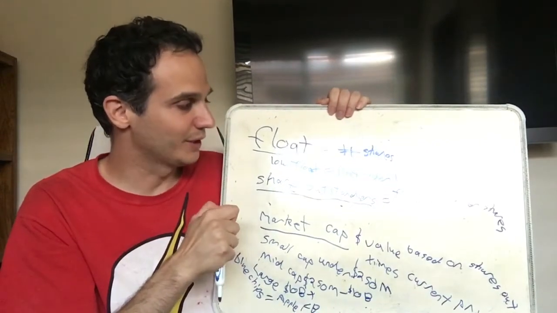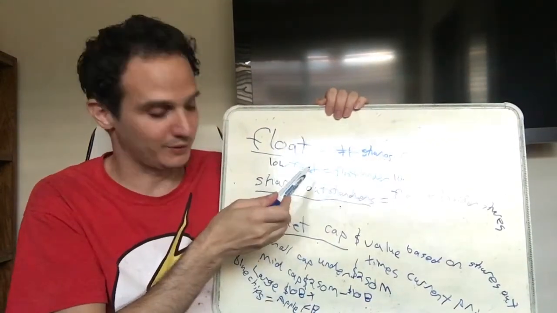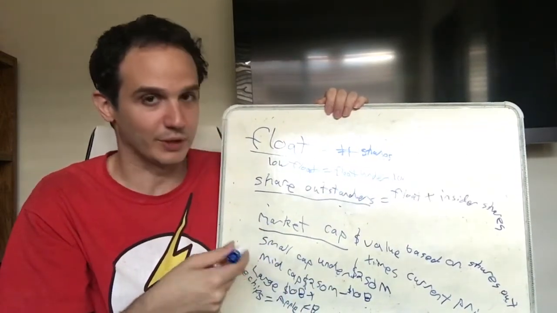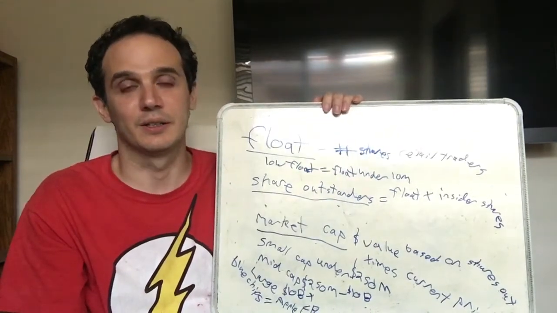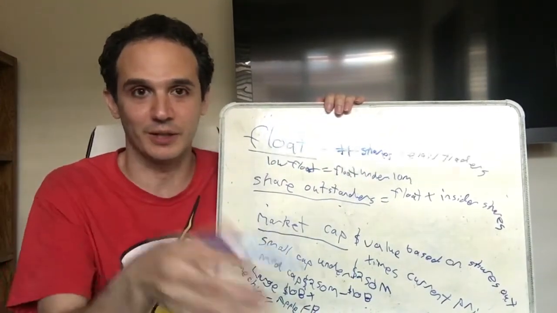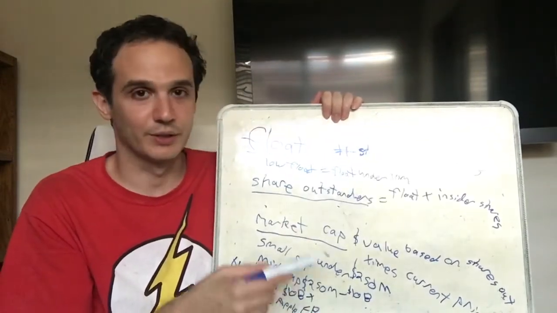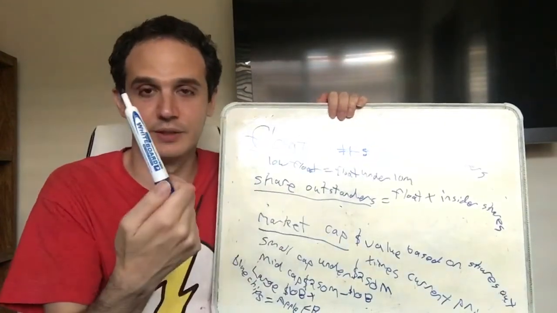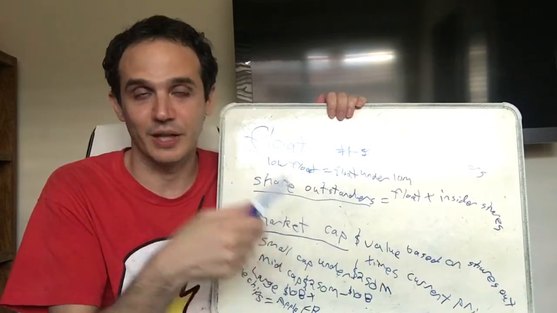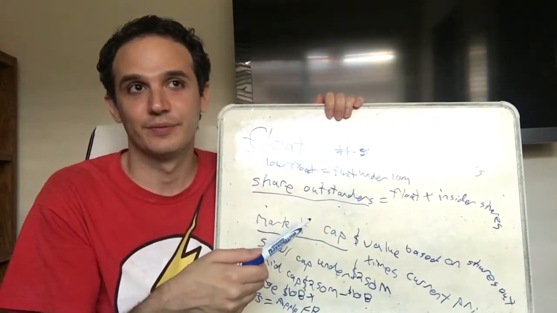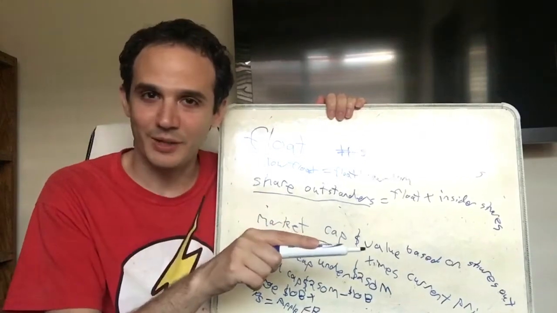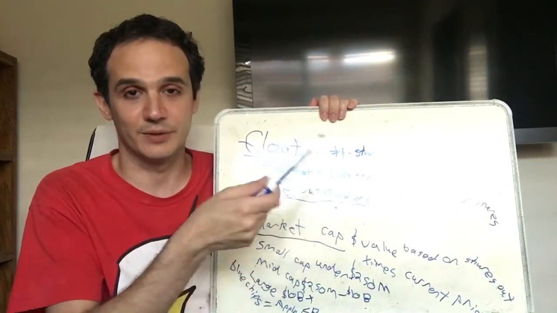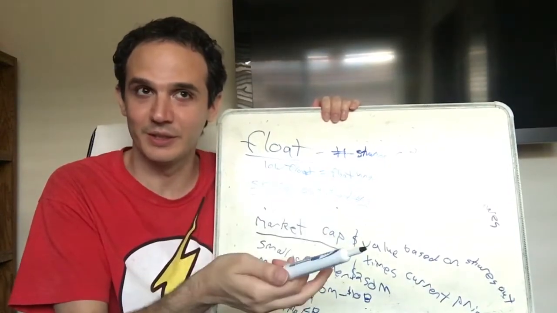Okay, so normally low float stocks or small cap stocks are more volatile than mid cap or large cap stocks. And in a previous video, I talked about volatility. And so the reason for that is because normally, let's say in that example where I said there's a $10 stock that has 5 million shares outstanding, and so the market cap would be 50 million.